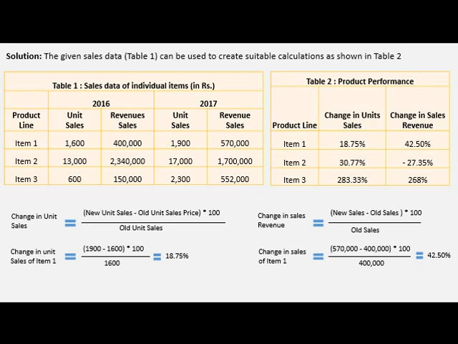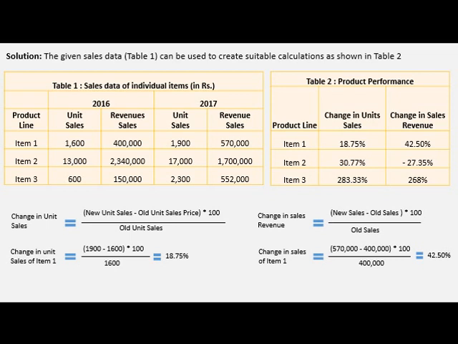In order to calculate change in sales revenue, we subtract the old sales from the new sales and then multiply it by 100 to express it in percentage terms and further divide it by old sales. So, for item 1 it would be 570,000 minus 400,000 multiplied by 100 and divided by 400,000, which results in 42.50%.